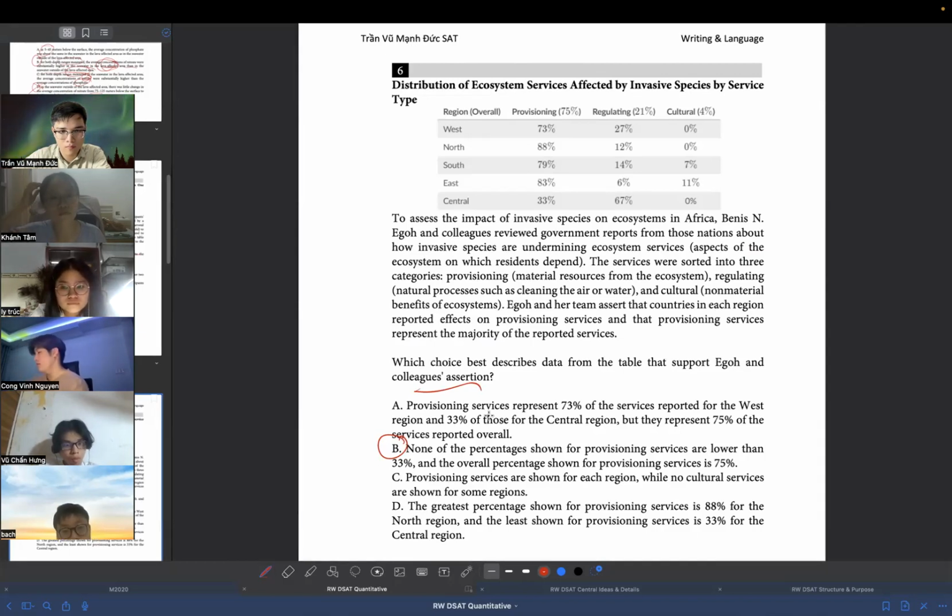What do you mean? I'm asking for the assertion from this prompt. Support Ego's and colleagues' assertion. What is the assertion?